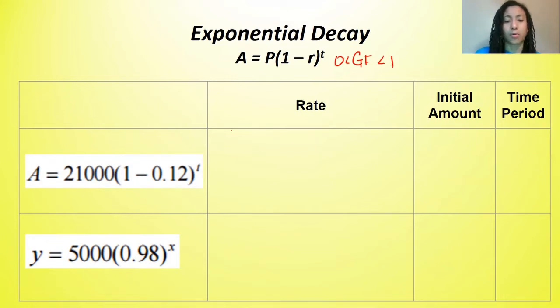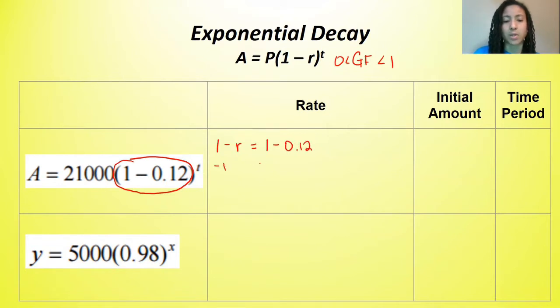So our decay factor would be 1 minus r. But if you notice, this one is already set up in that format. So if I had 1 minus r, let's just set it up the same way. 1 minus r equal to 1 minus 0.12.